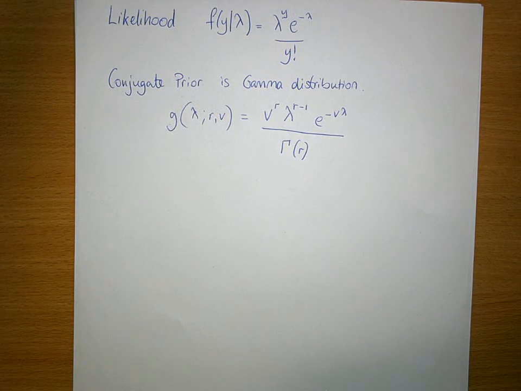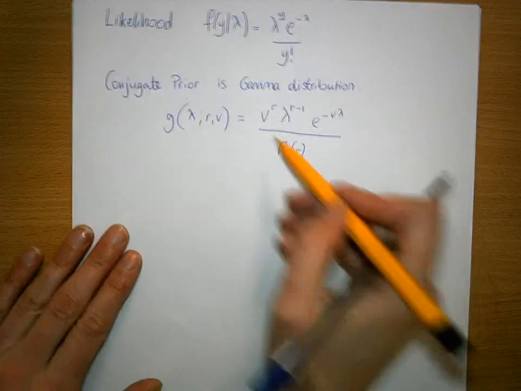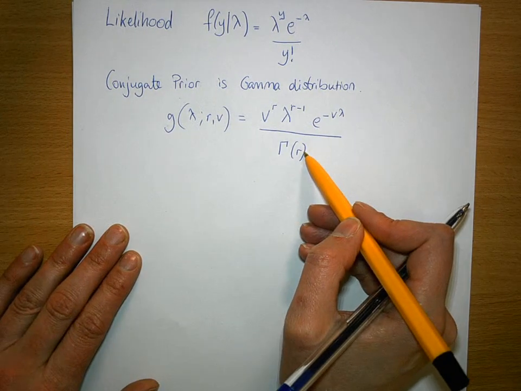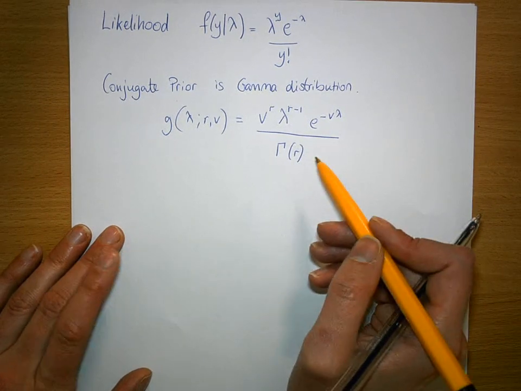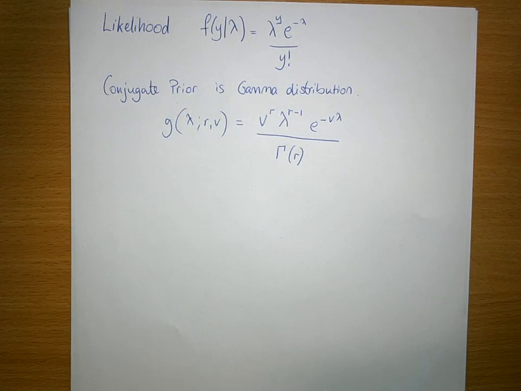Now, which bits of this can we ignore because they're only constants with respect to lambda? If you think about it, we can ignore this bit and this bit. They're horrible, but they're constants with respect to lambda, so meh. We don't need to bother about them too much.